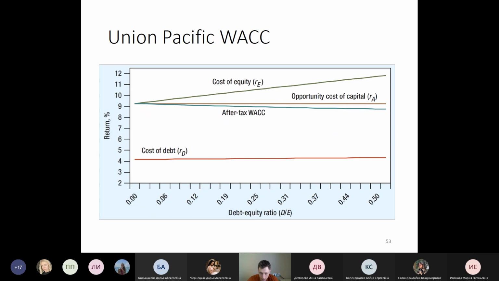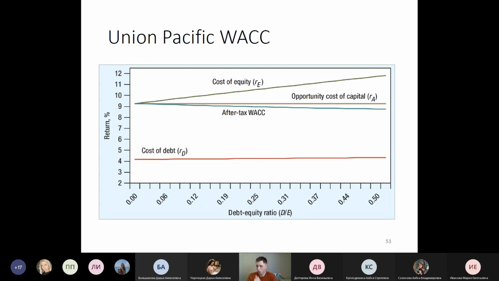And in different debt equity ratios, we would have different weighted average cost of capital under some assumptions. Naturally, the more you borrow, the more expensive borrowing gets, and the higher return on equity your investors would request.